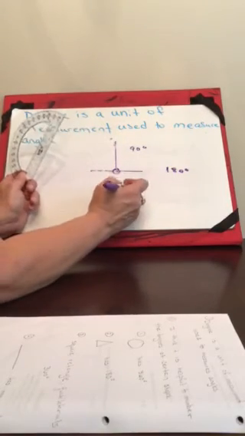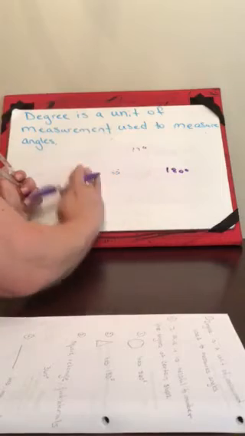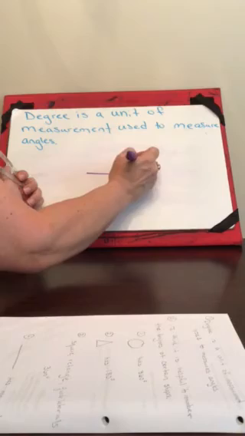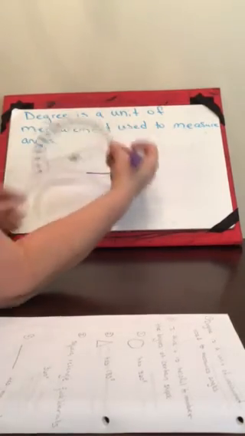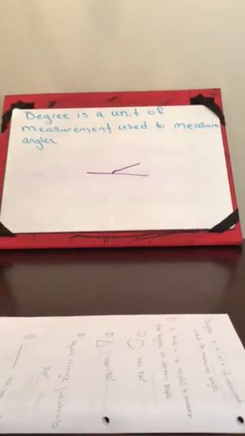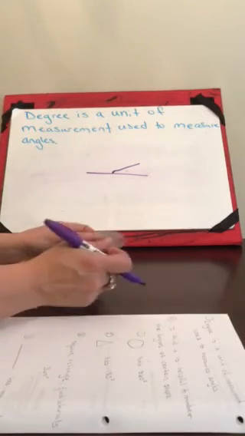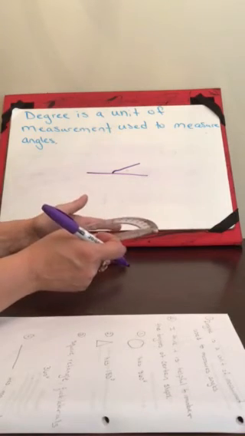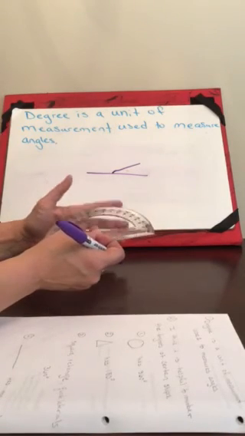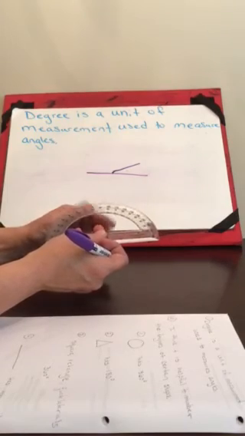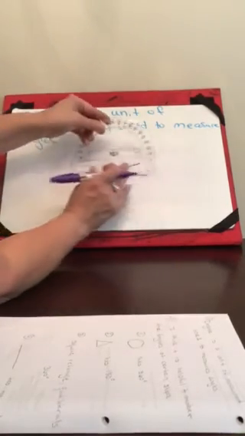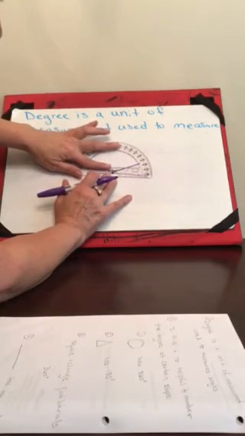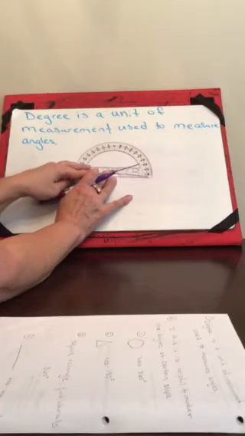Now, let's say I have an angle here. Okay, now I know that that is less than 90 degrees, and I always want you to remember that. Before you measure an angle, look at the angle and ask yourself, is that a 90-degree angle or less than 90 degrees or more than 90 degrees? So I know this is an acute angle. It has to be less than 90 degrees, okay?